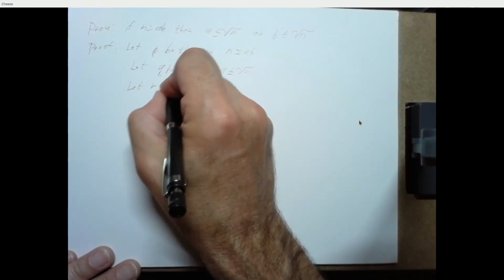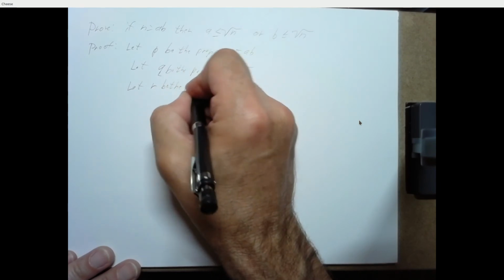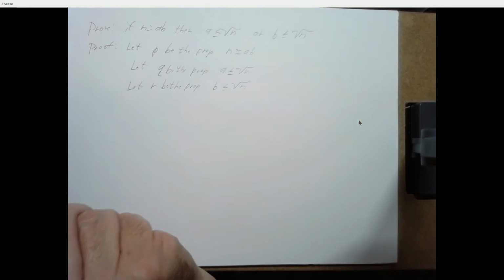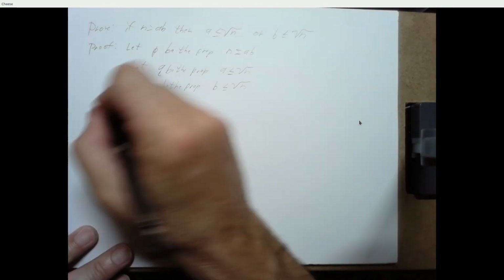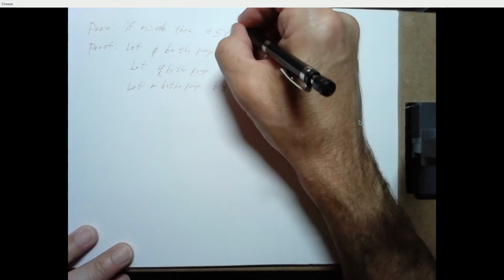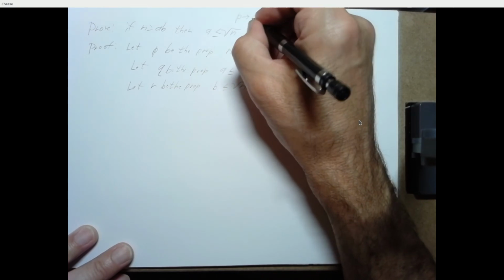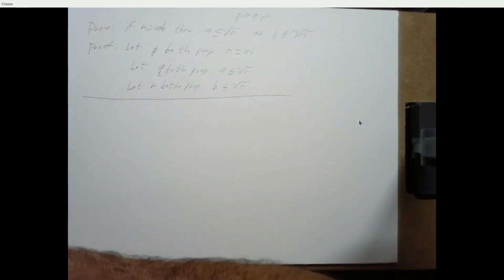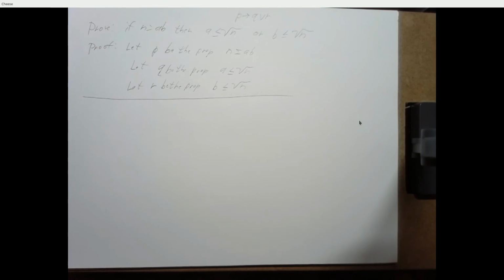Let R be the proposition b is less than or equal to the square root of n. So we want to prove that P implies Q or R. Well, let me show you the sort of hand-wavy way to do this indirectly, and then we'll see why it actually works using contrapositive.